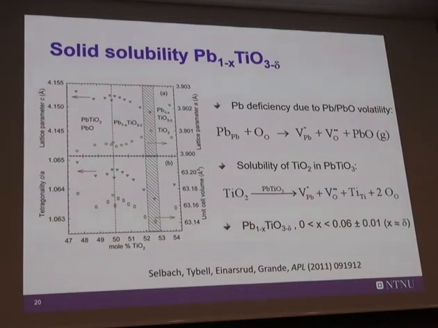And what we found from this work was that we could control the cation non-stoichiometry in this fashion, that the x varied from 0.06 to 0.01. So quite a large lead deficiency is stable, while titanium deficiency we could not find any evidence of. And what is the consequence of this particular defect chemistry?